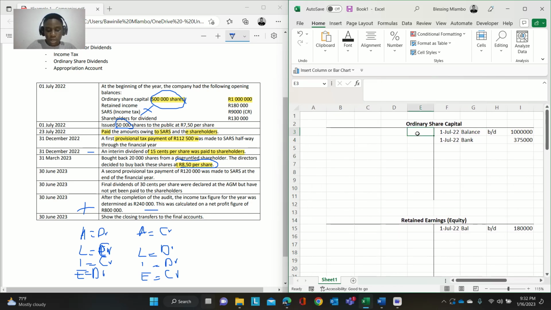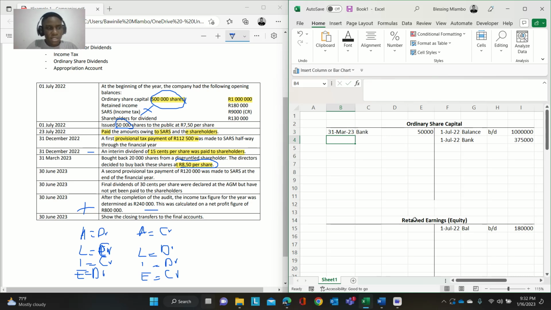That means you're going to decrease this account by 250 times the number of shares the company bought back, which is 2123. The other account affected is bank because we're paying out money. This is on the 31st of March 2023.